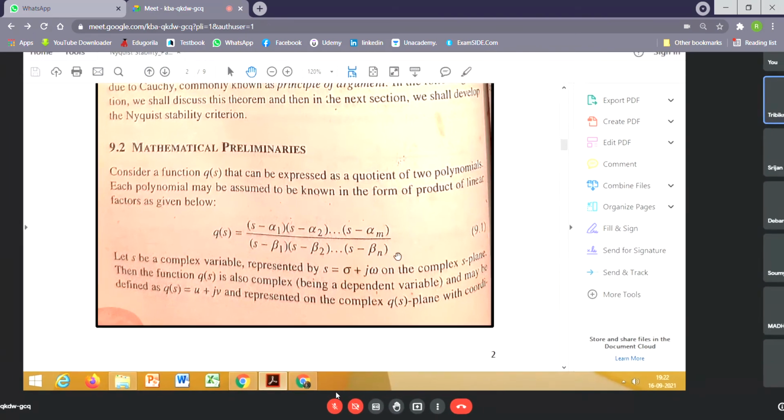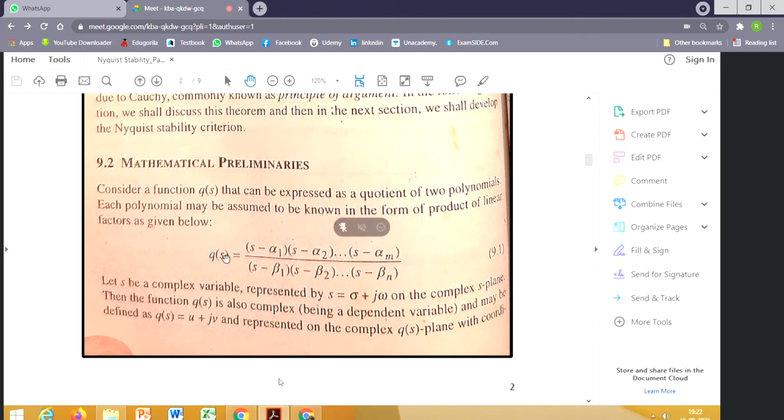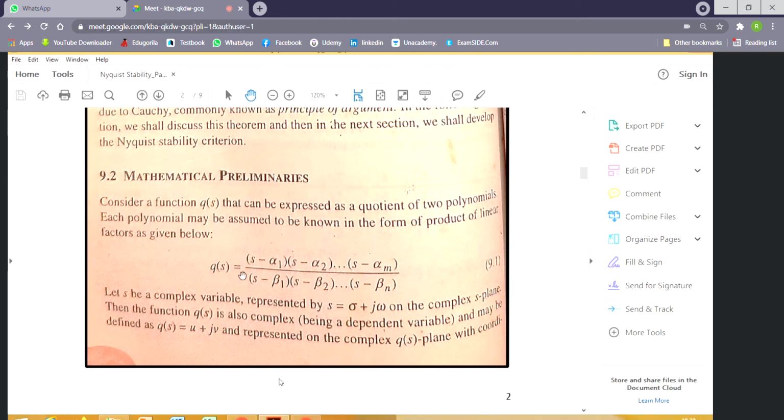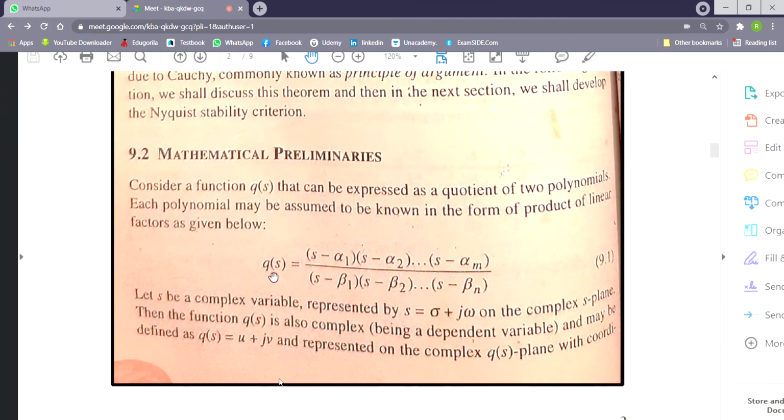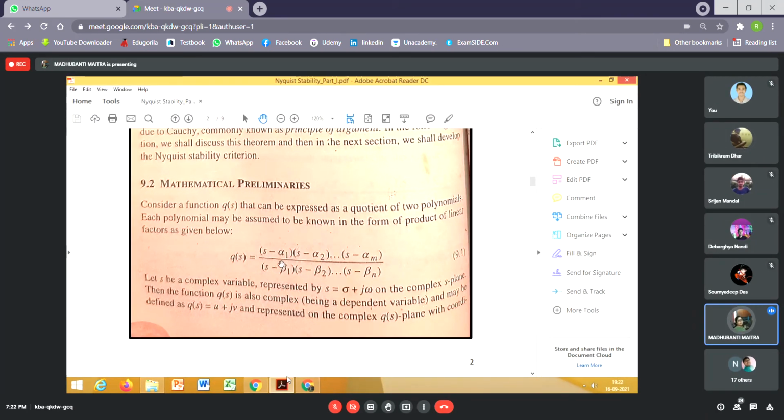Yes, ma'am. Clear, ma'am. So again, I repeat, this Q(S) is not the characteristic equation, it is any arbitrary function of S. If we represent Q(S) in this form, then as per the definitions of poles and zeros, we can identify that all these alphas, alpha 1, alpha 2, alpha m, are the zeros of this function Q(S), and this beta 1, beta 2, beta n, are the poles of this Q(S).